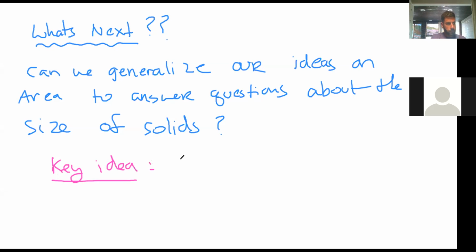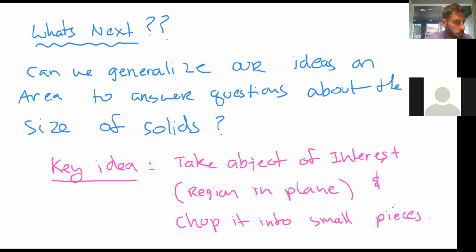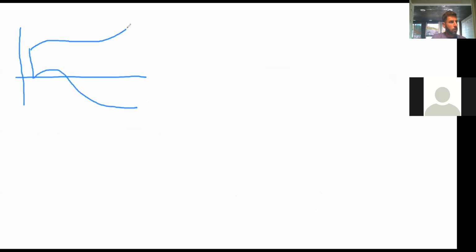What was the key idea? We take the object of interest, in the previous case, a region in the plane, and chop it into small pieces. That's what we did. So let's sort of draw that again. We have some curved region, and we chopped it into little pieces.